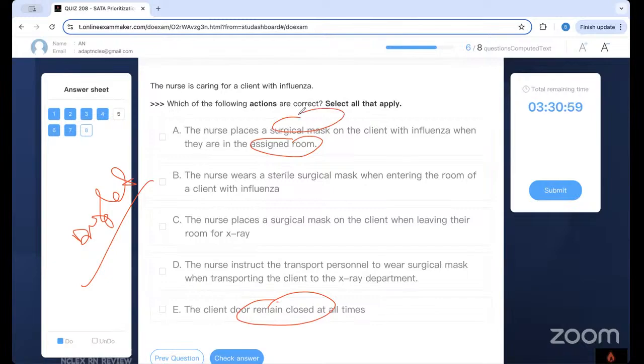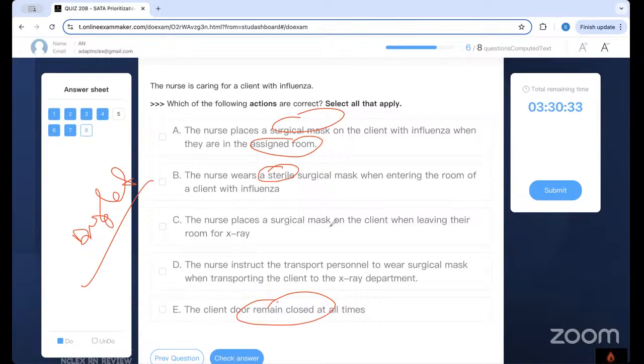You see, it's wrong. The nurse does not need to wear a sterile surgical mask. These are the things I teach in my crash course. These are little things where you say, oh, I did all these things, but I failed because of little attention to detail. The nurse should not wear what? A sterile surgical mask when entering the client's room. It's a regular mask, not a sterile one, right?